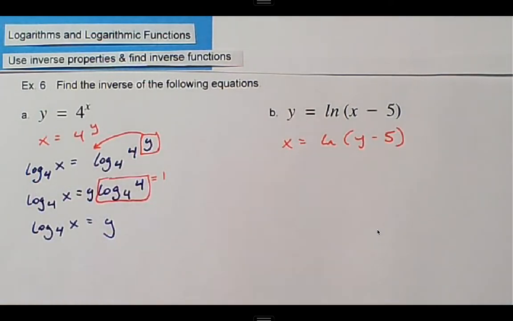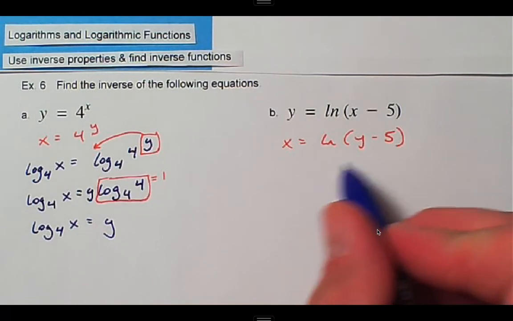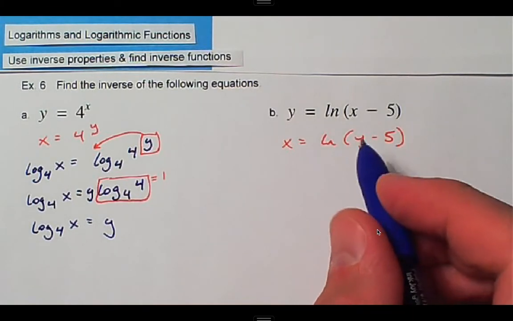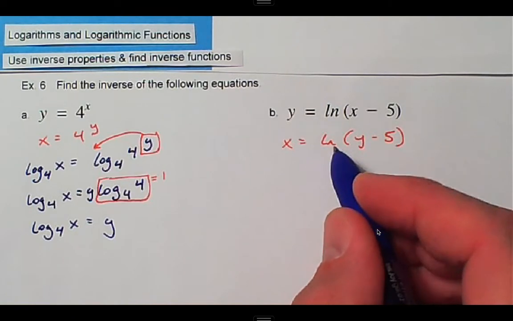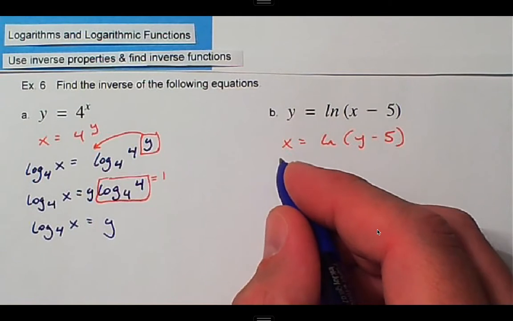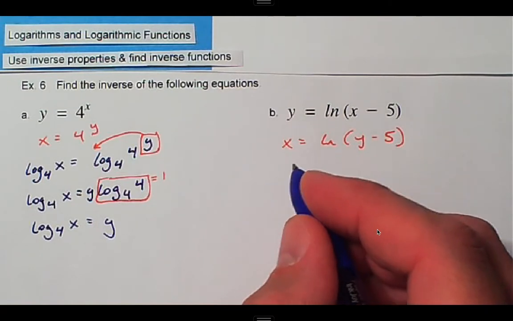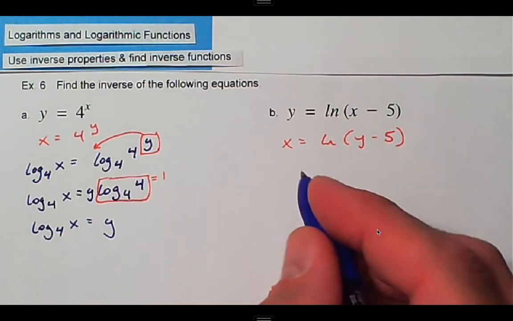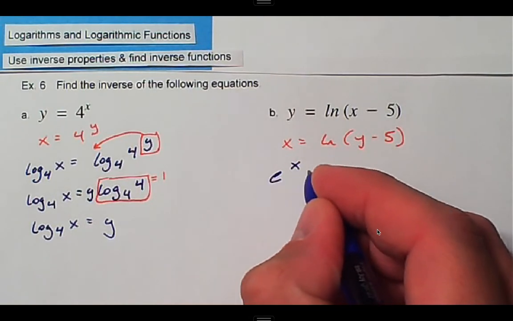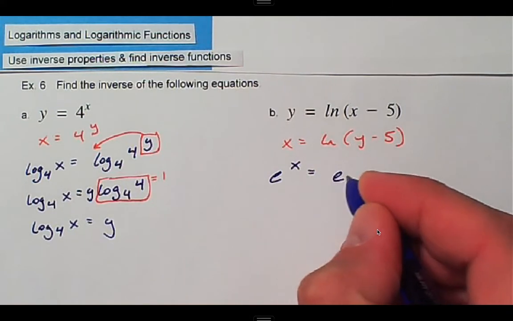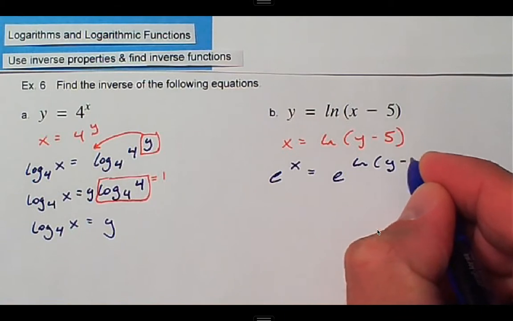In this case, we want to exponentiate both sides of the equation. The base of natural log is e. So if I have both sides base e and exponentiate, it means put that in the exponent. Then we can say e to the x is equal to e to the natural log of y minus 5.